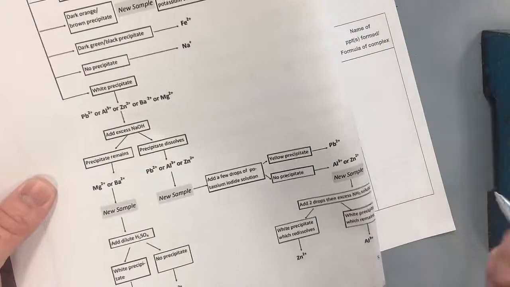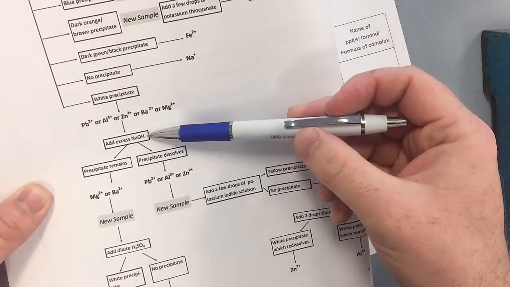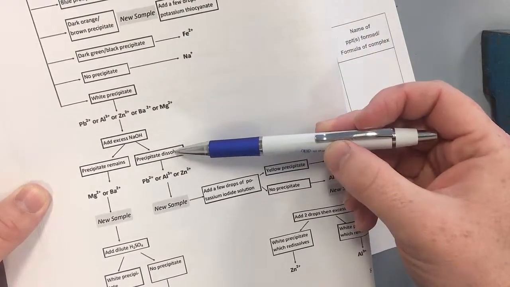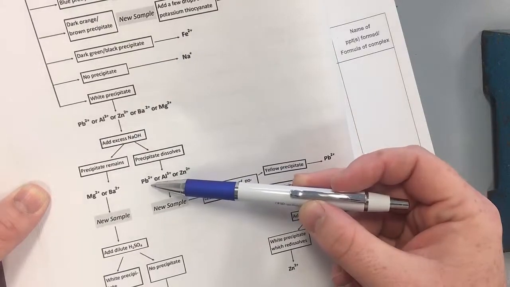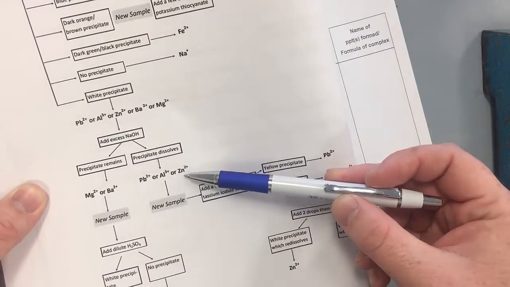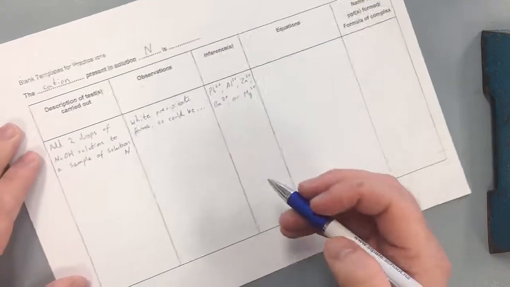All right, so our test there was, as identified in the flowchart, to add excess sodium hydroxide, and the precipitate dissolved. So we could be dealing with lead, aluminium, or zinc. So I'll write that in on the table here.